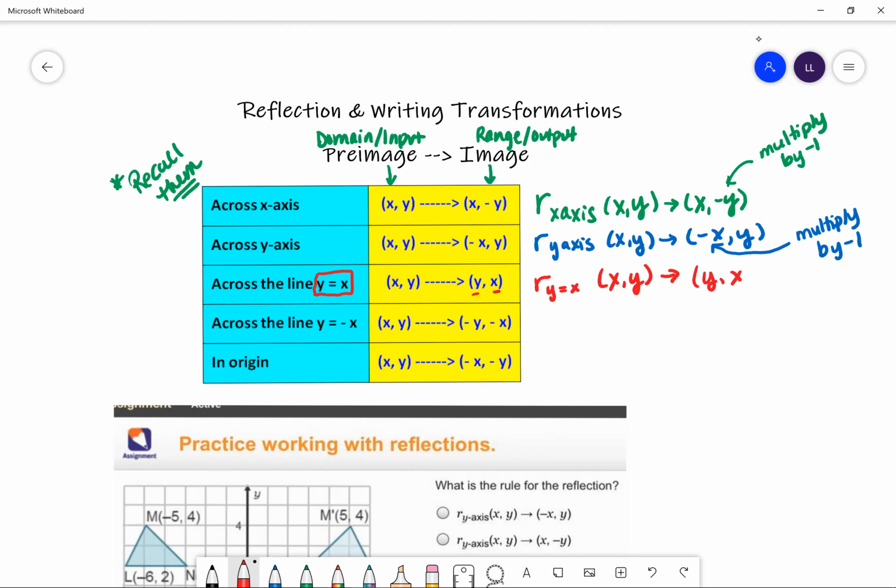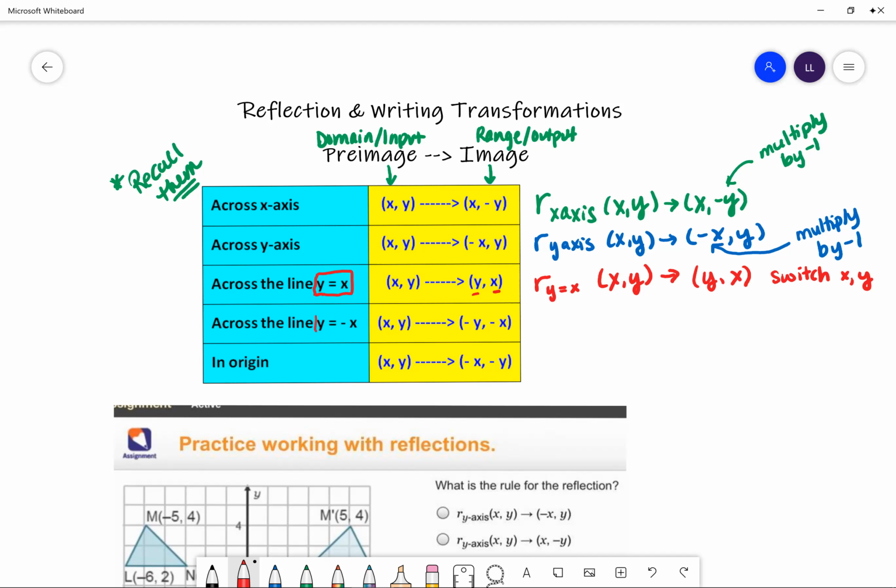So when we do that, we switch the coordinates. Switch x and y. That's what happens with that rule. We switch x and y when you reflect over y equals x. That makes sense though, because y equals x literally means that y is equal to x. So that means you're going to switch them. Okay. All right. Let's keep it moving.